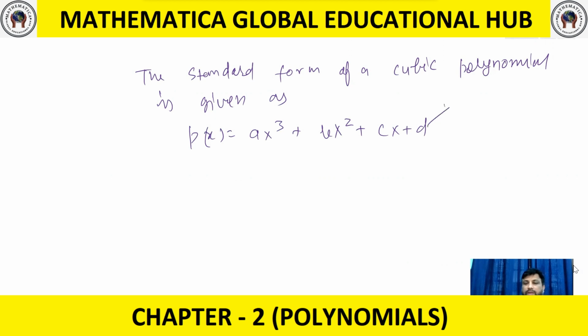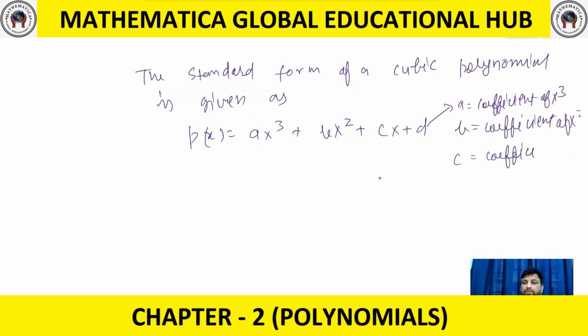B means the coefficient of x square, and c means the coefficient of x in the cubic polynomial. Clear?